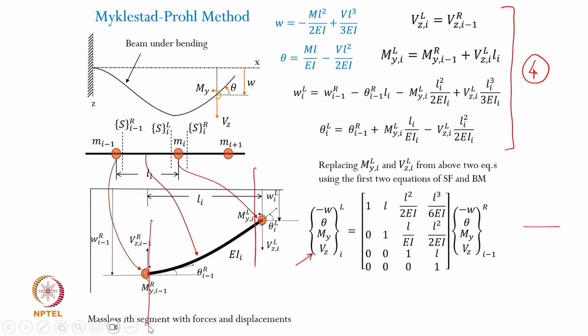So look at this, all these state variables, W, the deflection, theta, the shear force, the bending moment on the left of ith mass are forming one state vector, and the similar variables are on the right side of this equation with a matrix establishing the relationship between them.